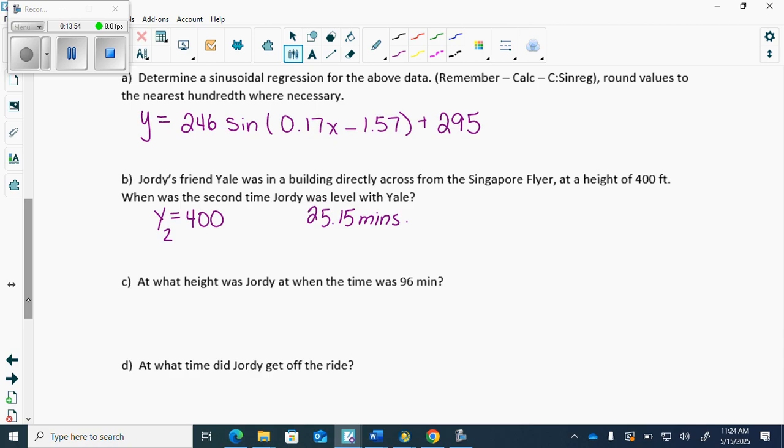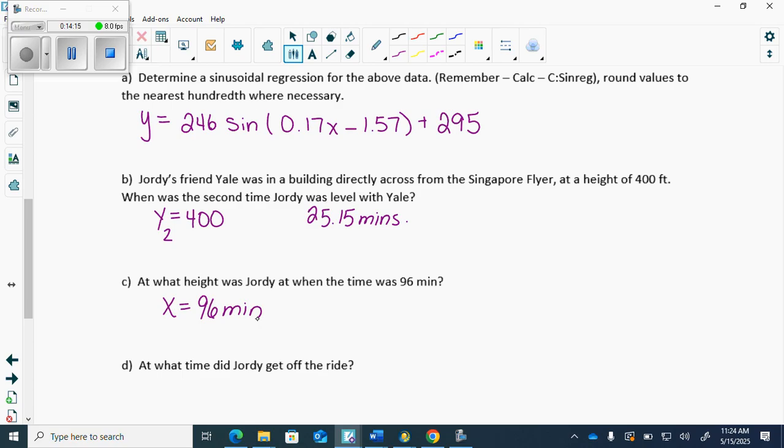The next one says, at what height was Jordy when the time was 96 minutes? So this time they gave me X. X is easier. The only way X doesn't work is if your window doesn't have 96 in it, correct? If your window's too small, it'll fight you. So we have to go second trace.